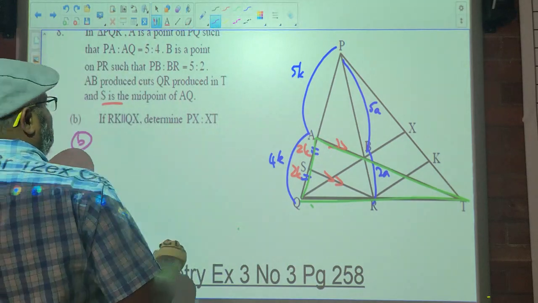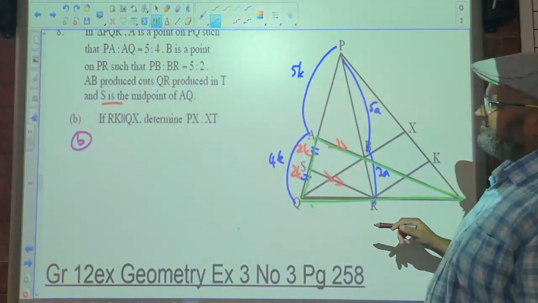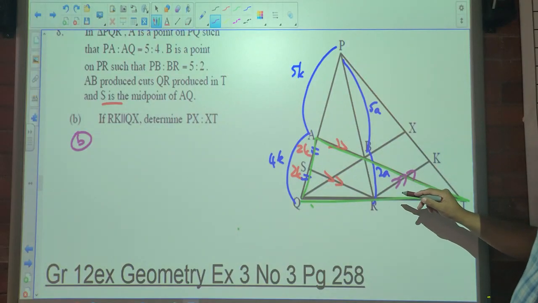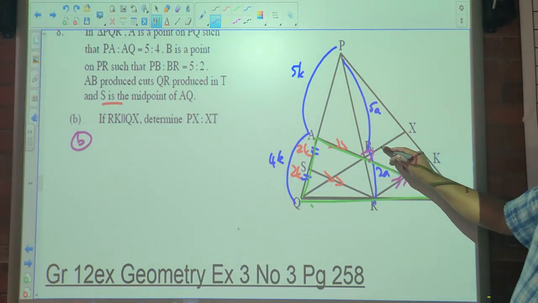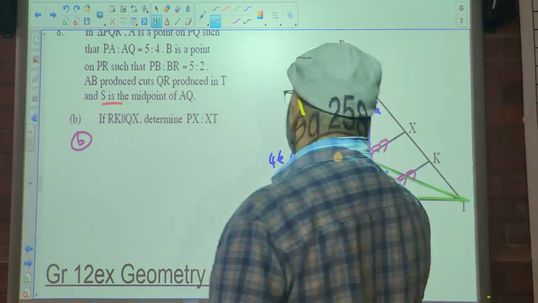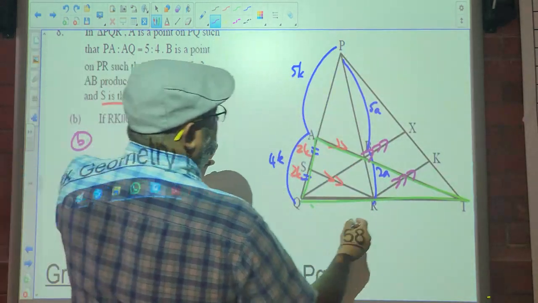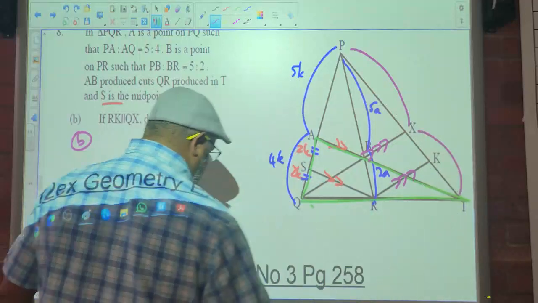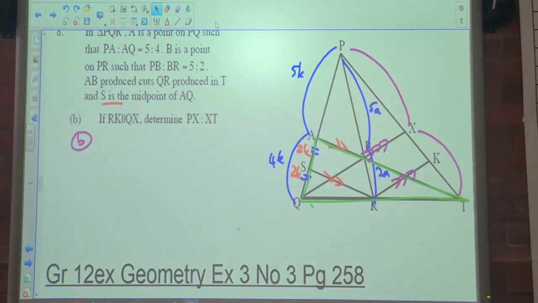We are told that if RK is parallel to QX, determine PX is to XT. I'm going to do it in the next lesson with the other class, so you can just watch the video for the last part.